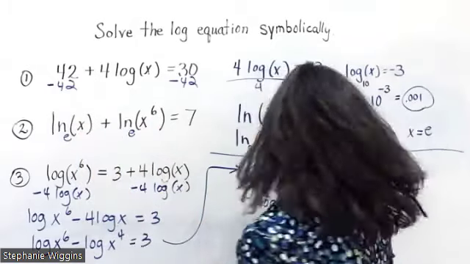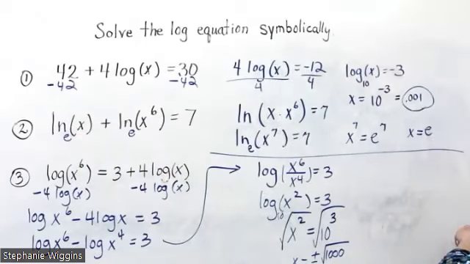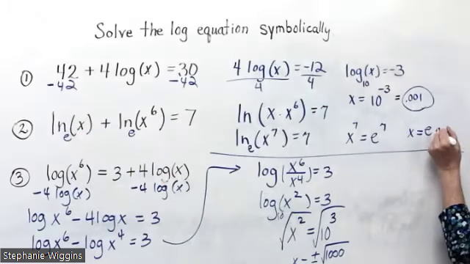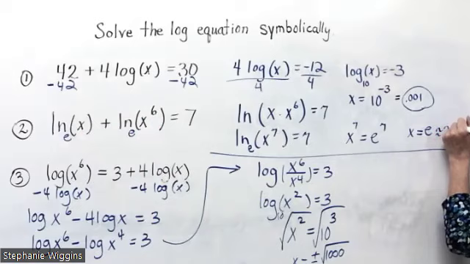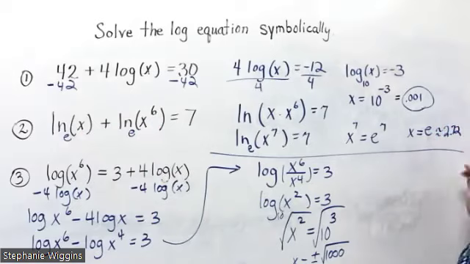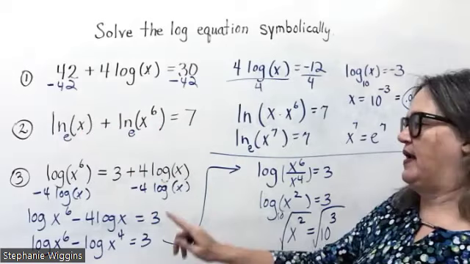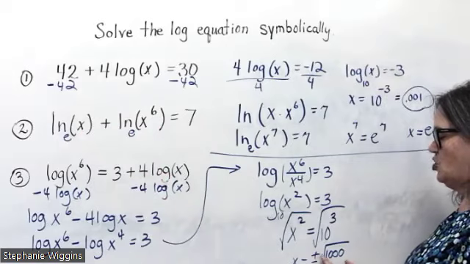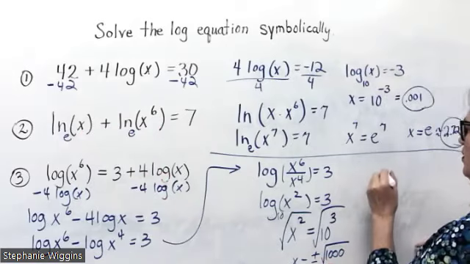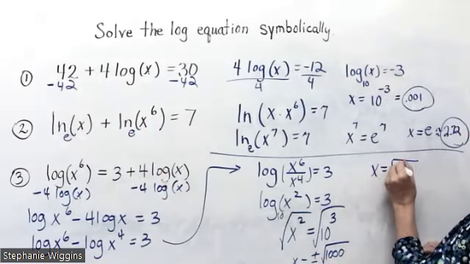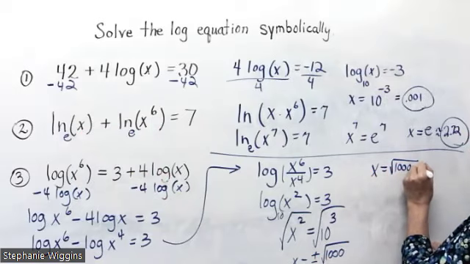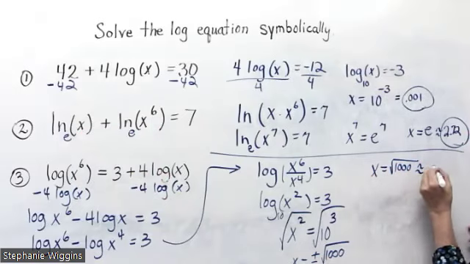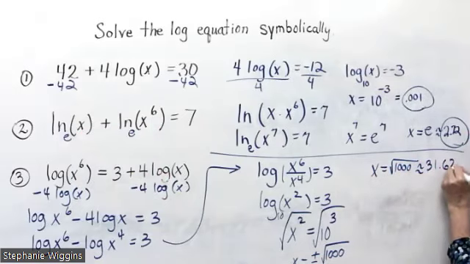X cannot be negative. But that's okay because e is positive. In fact, e is approximately equal to 2.72. That's positive, that's fine. Here is where we run into problems. We can plug in the square root of 1,000, which is simply 31.62.